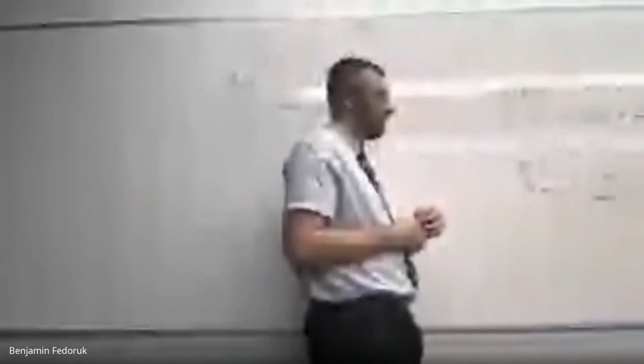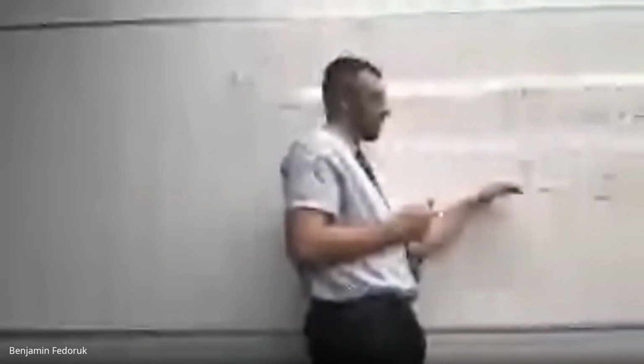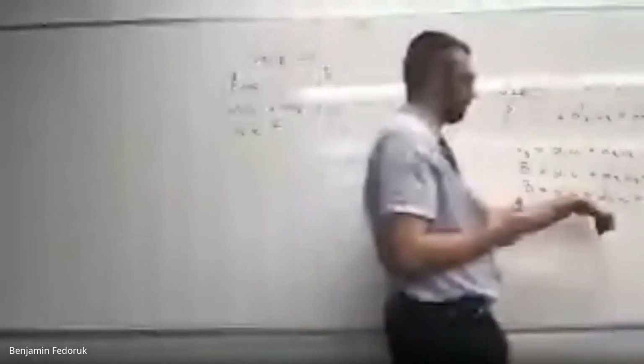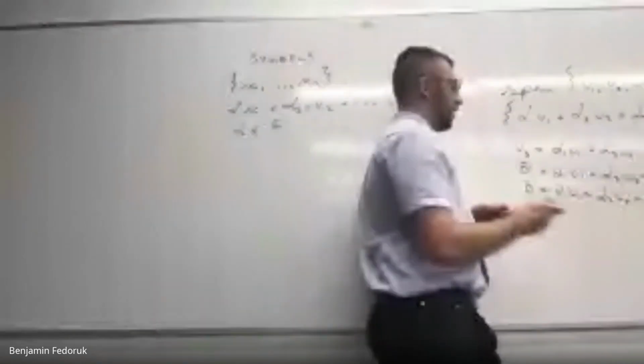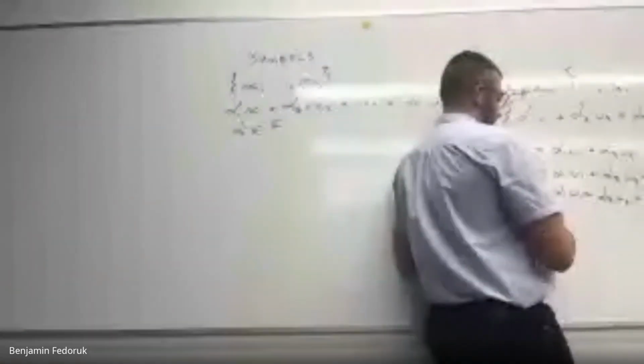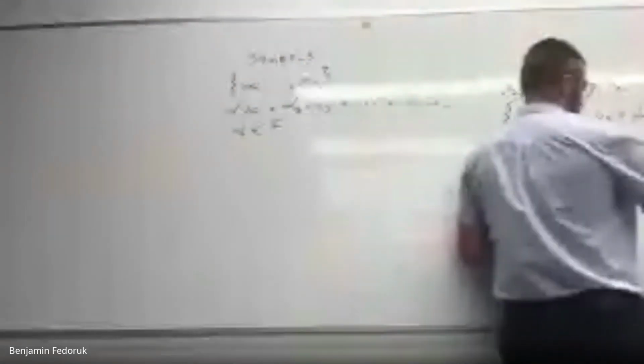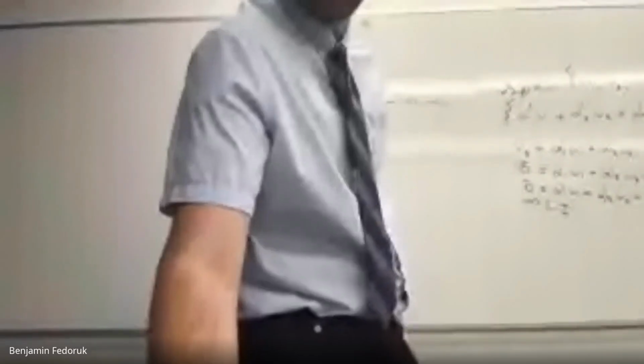But if we have this statement here, 0 equals alpha 1 v1 plus alpha 2 v2 plus alpha 3 v3, and we say that, how do I say this? If the only solution to this is, well, we'll just try again.